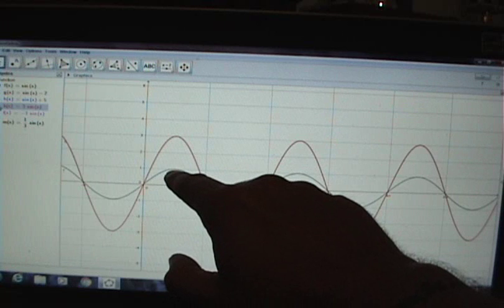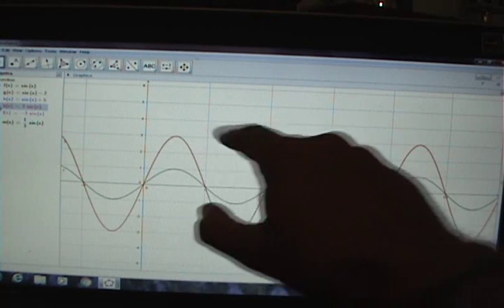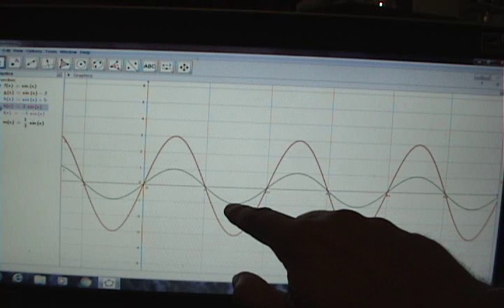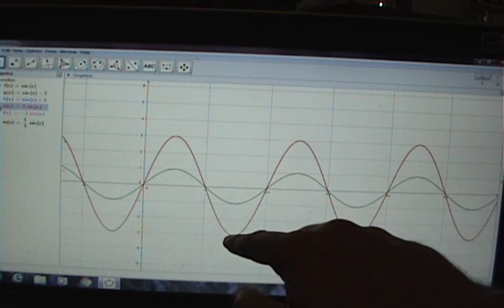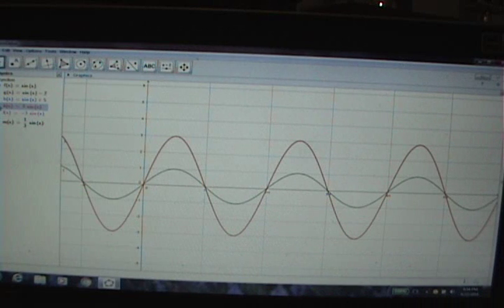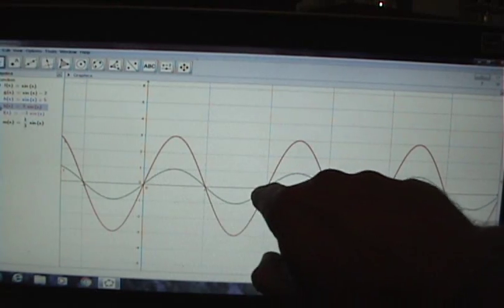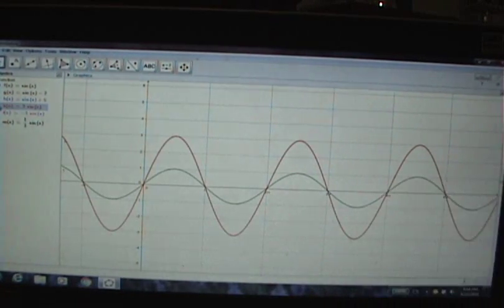Before, where we had our peak at 1, now it's going to peak at 3. Where we had a valley at -1, now it's going to be at -3. So every y value has been multiplied by a factor of 3. All this is going to do is change our amplitude. Our frequency is still the same. We're still crossing the x-axis at all the same spots.